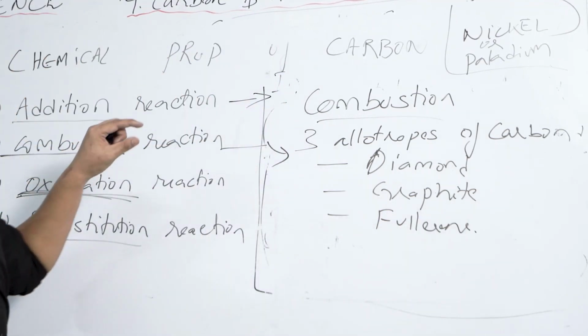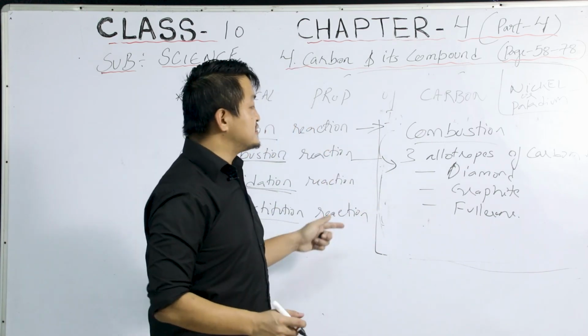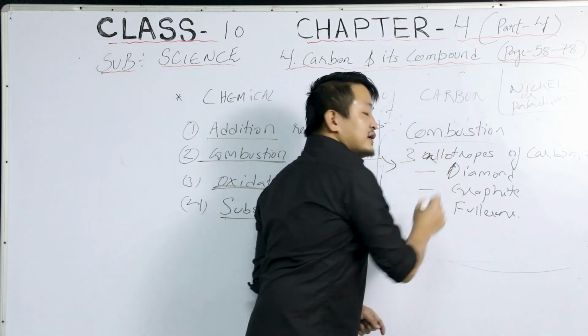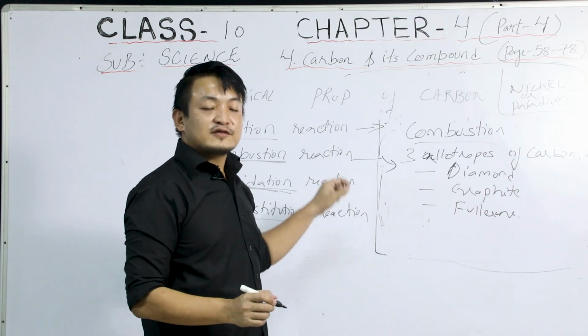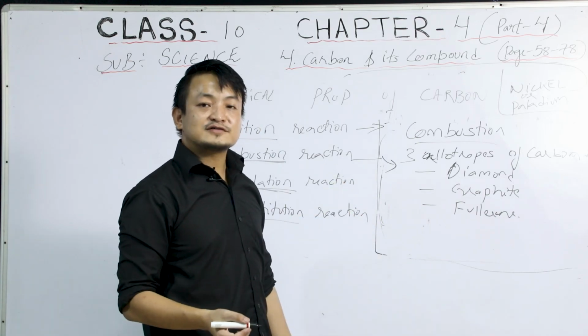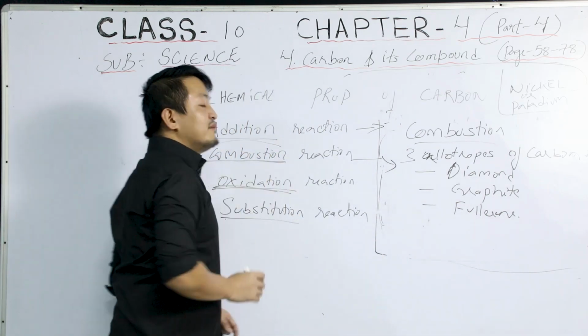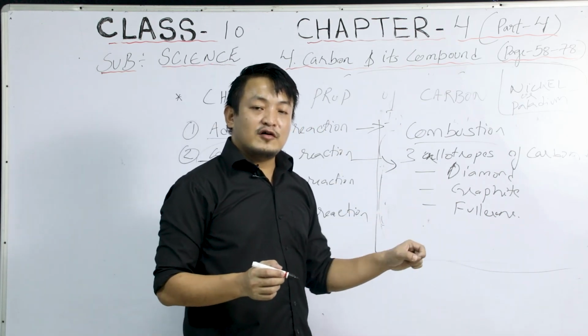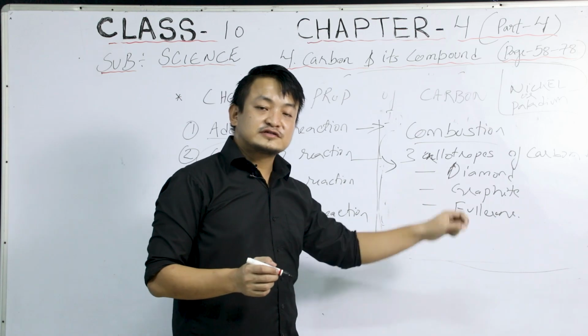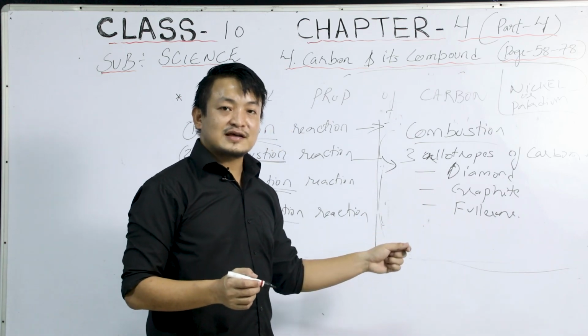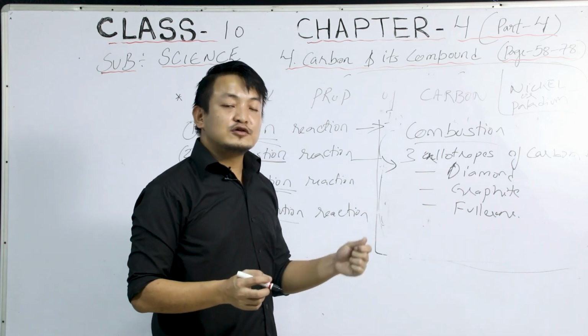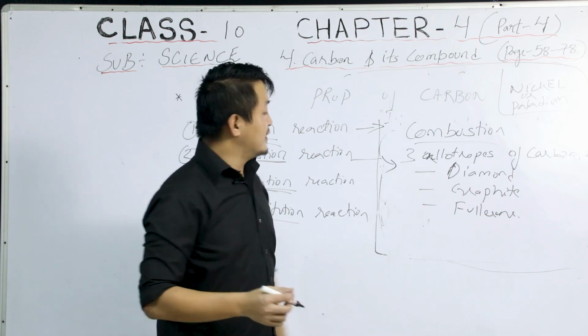Now in combustion reaction, what will happen? Carbon will burn in the presence of oxygen to give carbon dioxide. Very simple. All the carbon will burn in the presence of air, that means oxygen, to give carbon dioxide along with the evolution of heat and light.